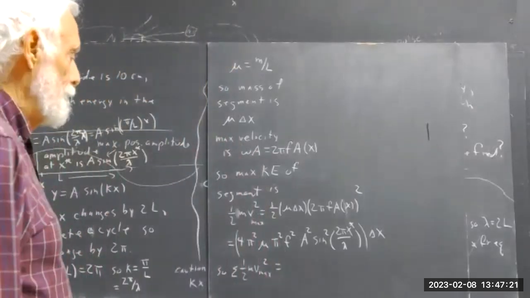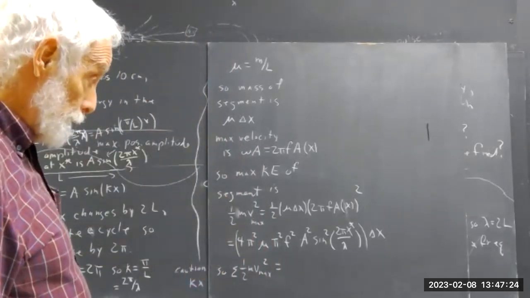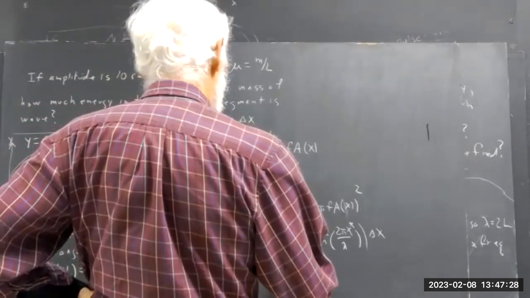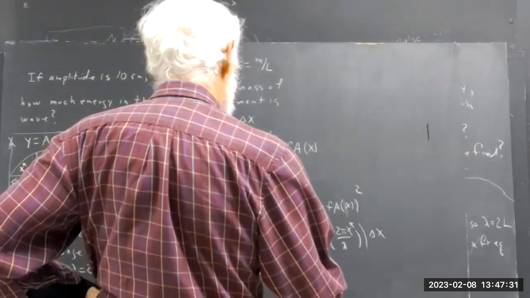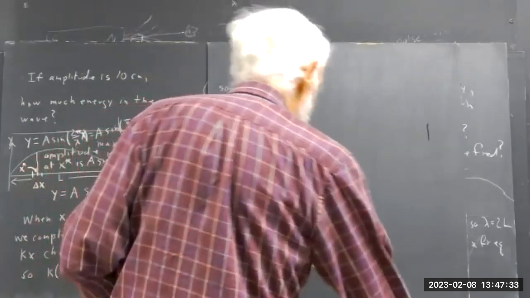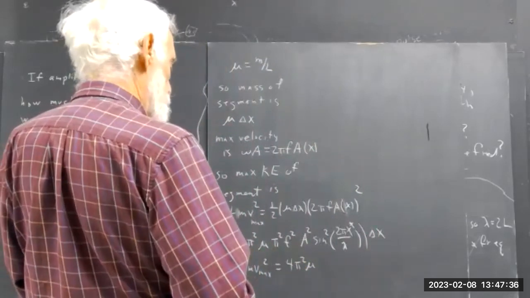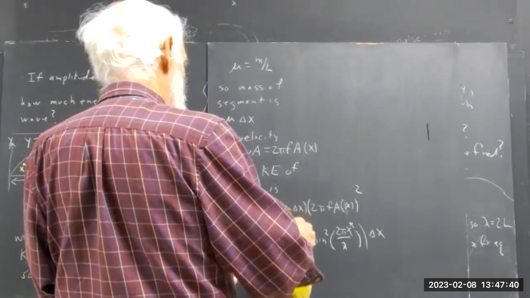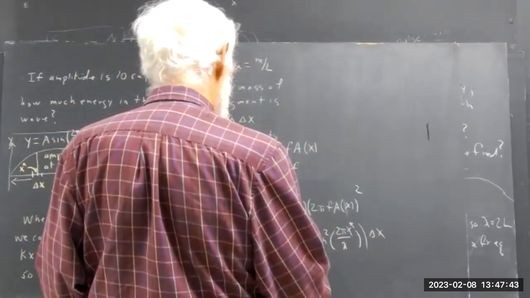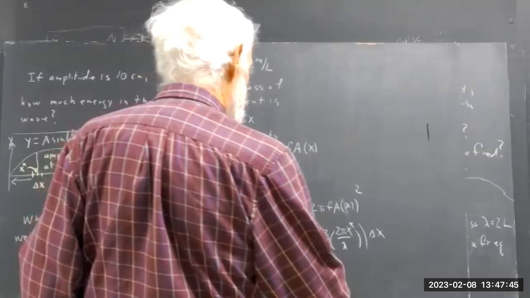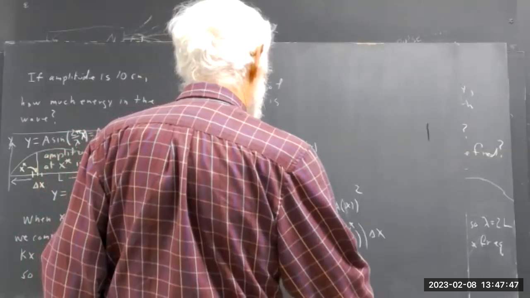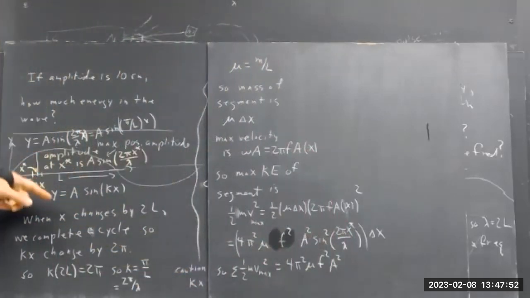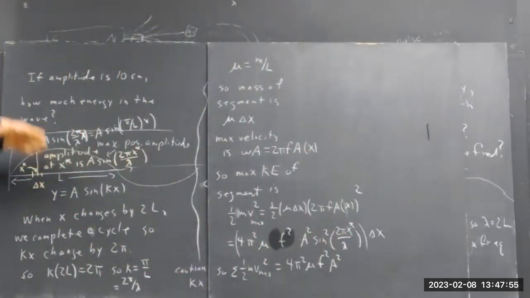So the sum of your 1/2 m v max squared is root pi squared twice. Remember, A is the actual amplitude of the fundamental oscillation.